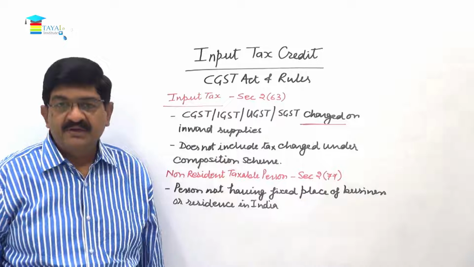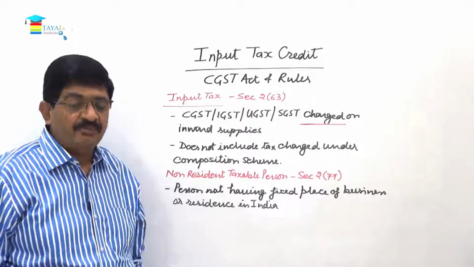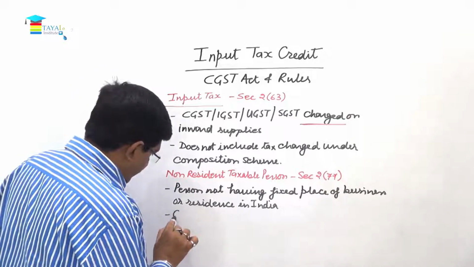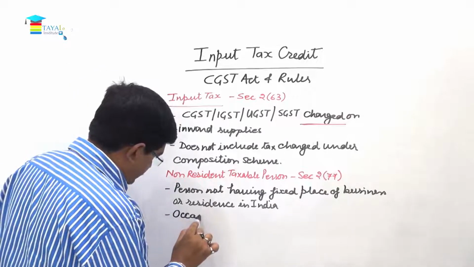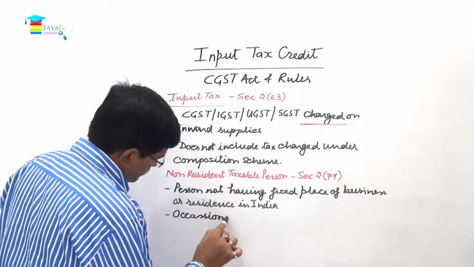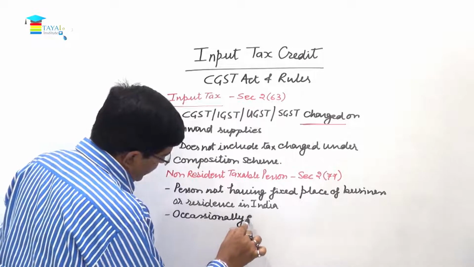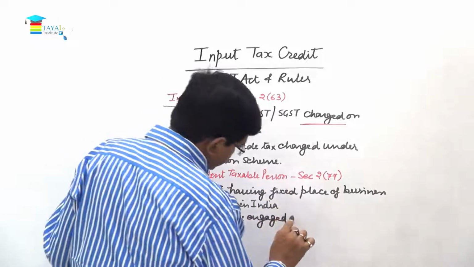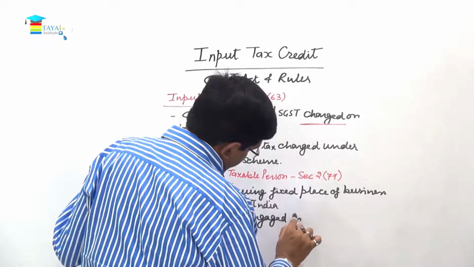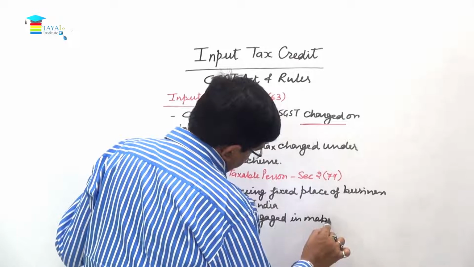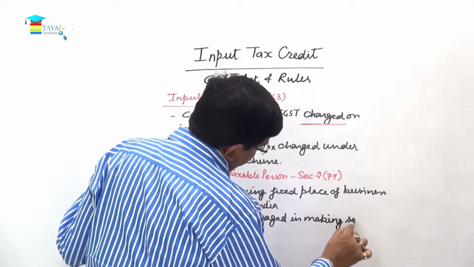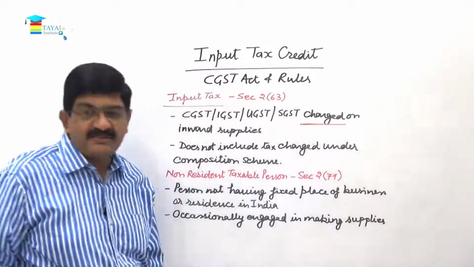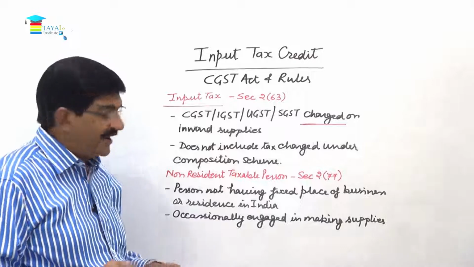That's why the non-resident. So it does not have any fixed place of business or residence in India, and occasionally engaged in making supplies, and these supplies are certainly made to the customer in India, right?